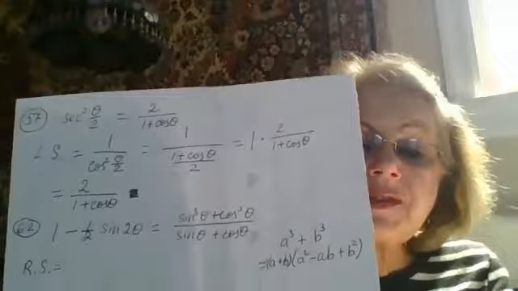So practically what we have on the right side in our identity, on the top, is a cube plus b cube, and we can factor it according to the formula which we just reminded ourselves from algebra.